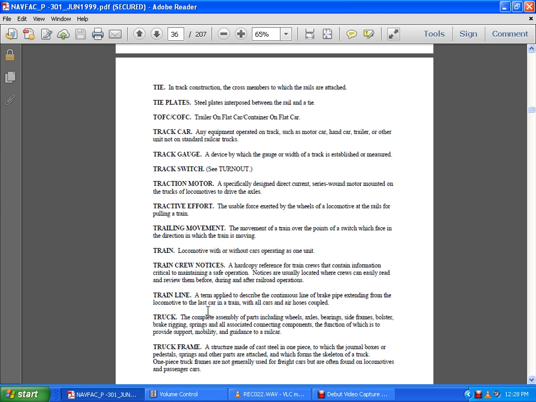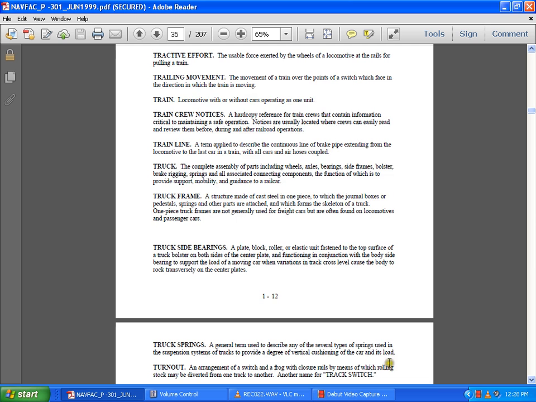The truck frame, a structure of cast steel in one piece with the journal boxes, pedestals, springs, and other attachments, which forms the skeleton of a truck and one piece of a truck, generally used for freight cars, often found on locomotives and passenger cars.